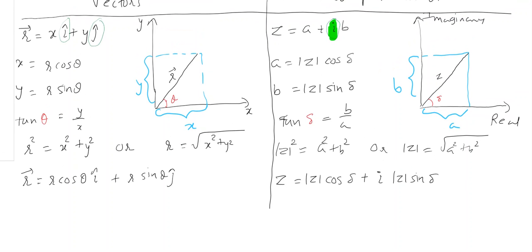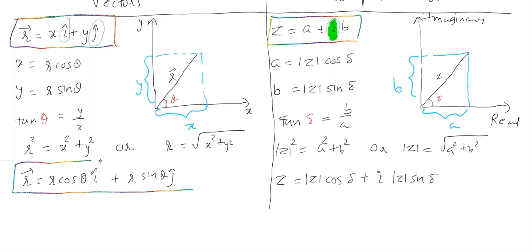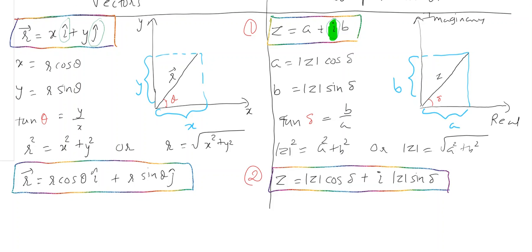So this is one way of presenting a vector, this is one way of representing a complex number. This is another way of expressing a vector, this is another way of putting a complex number. So two ways of expressing a complex number so far.